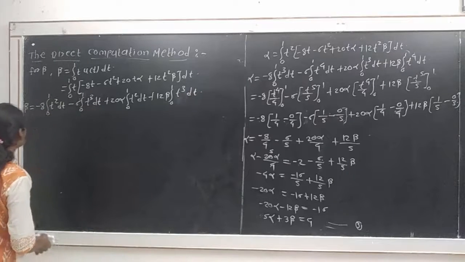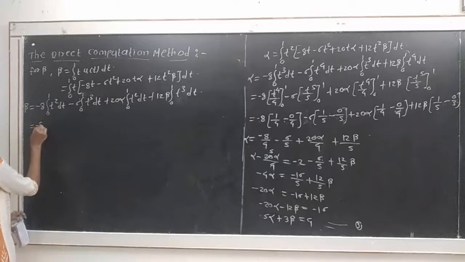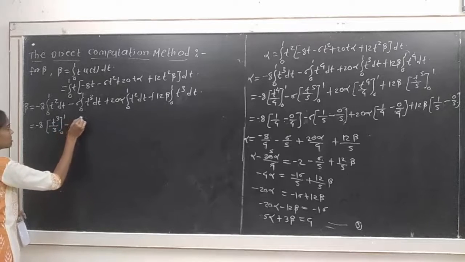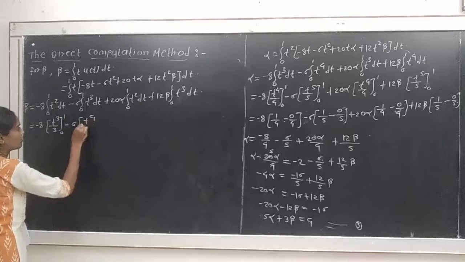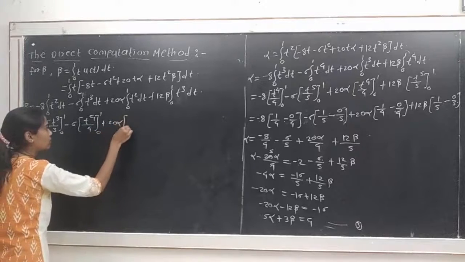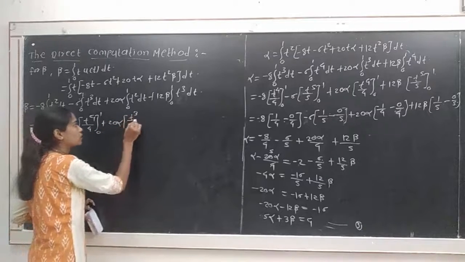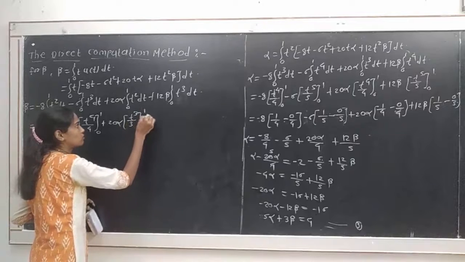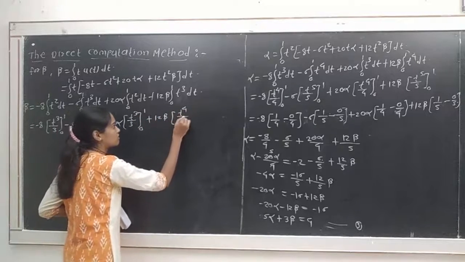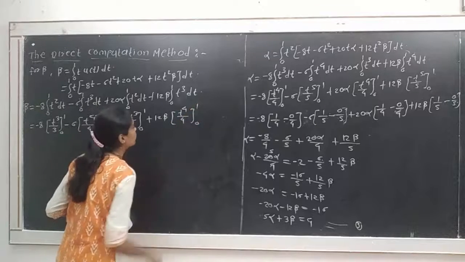Then we take integration: we get minus 8 times integration of t square, which will be t cube divided by 3 from 0 to 1, minus 6 t raised to 4 divided by 4 from 0 to 1, plus 20 alpha times t square becomes t cube divided by 3 from 0 to 1, plus 12 beta t raised to 4 by 4 from 0 to 1.